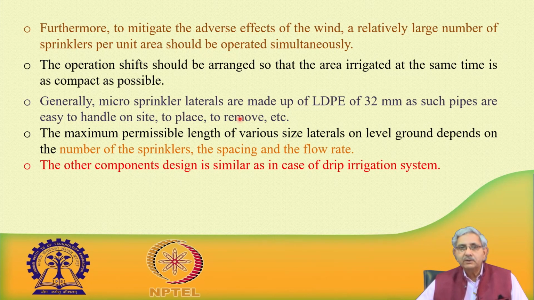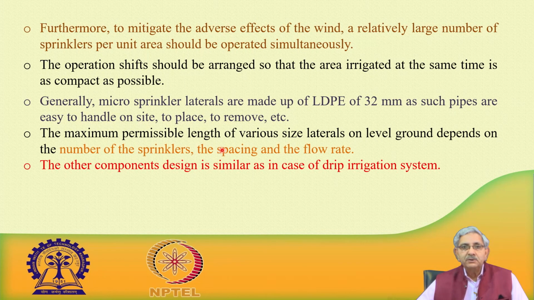Generally, micro sprinkler laterals are made of low density polyethylene pipe of 32 millimeter diameter, so that it becomes easy to handle, assemble and place on the other side.